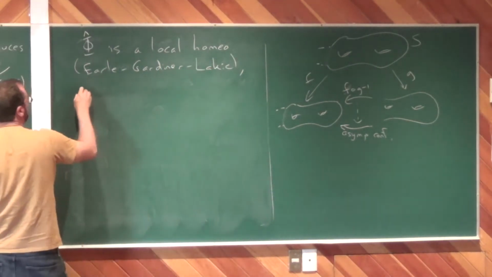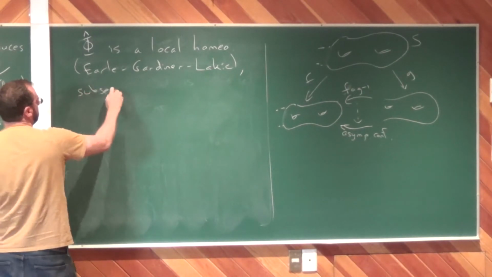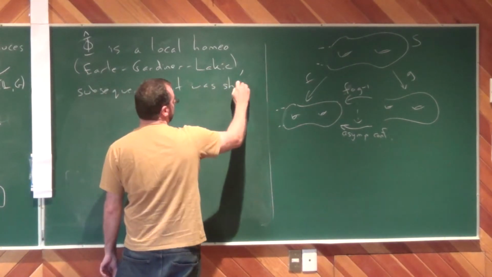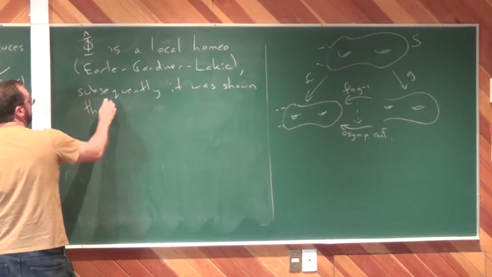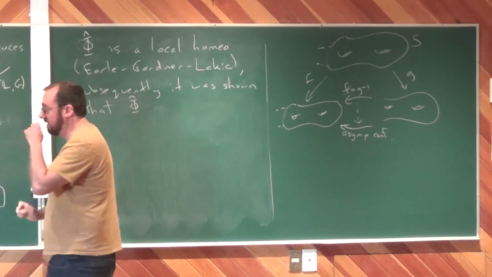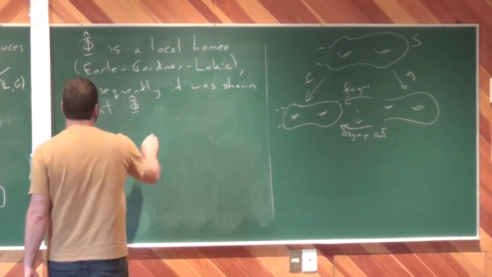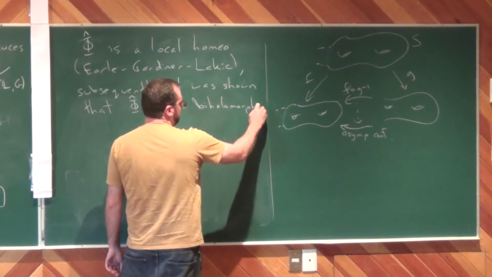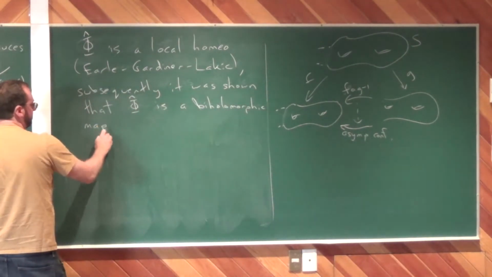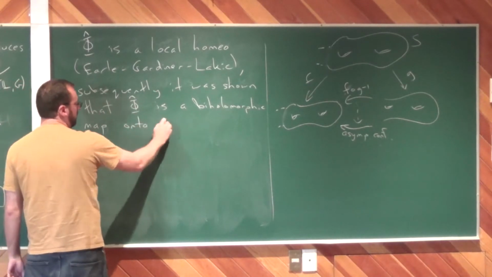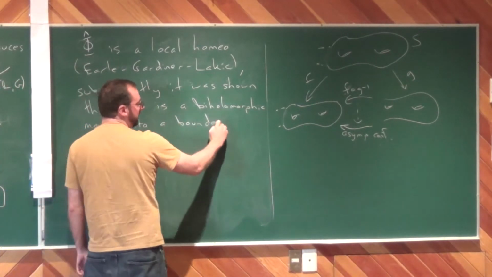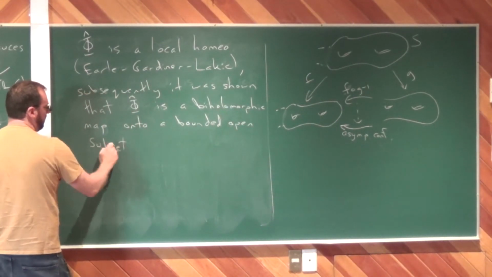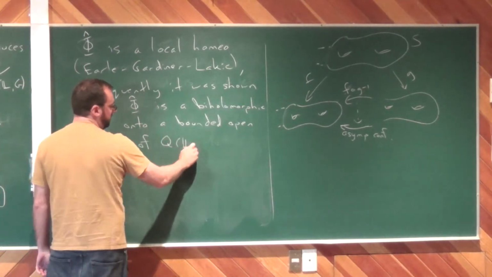And subsequently, it was shown that phi hat behaves like the Beers embedding in that it's a biholomorphic map onto a bounded open subset of Q quotiented by Q0.